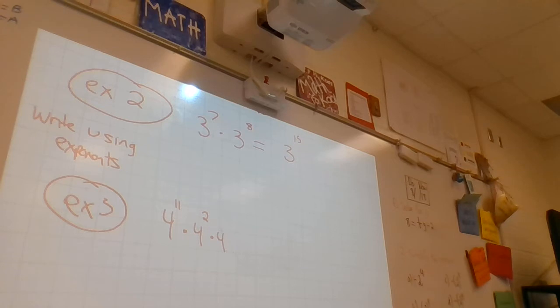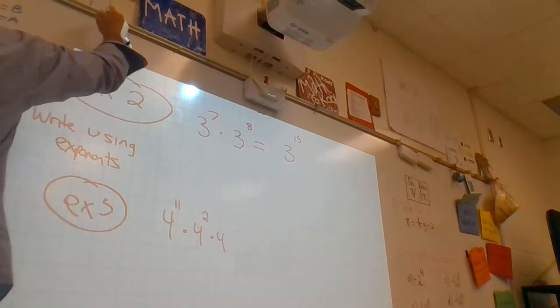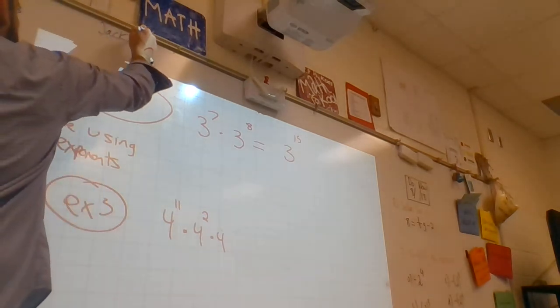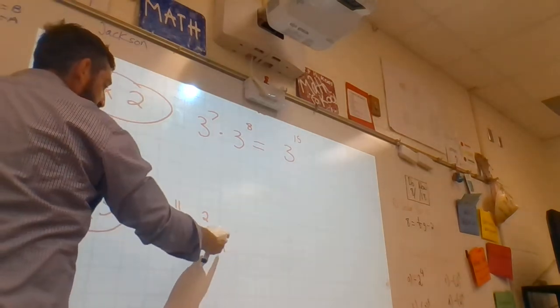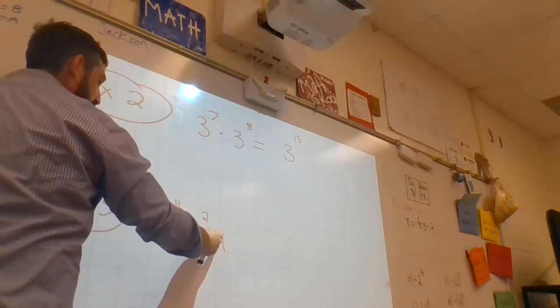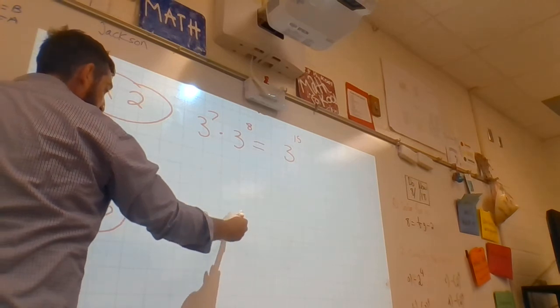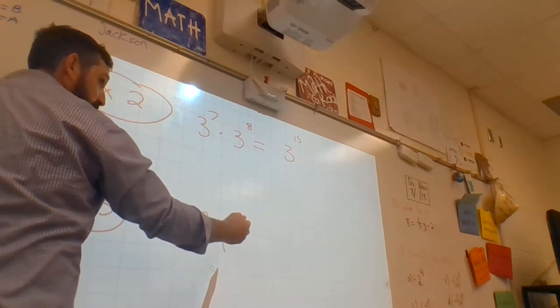Where are you getting 14 from? Well, there's 2, there's 11, and that 4 is, I would say, 1 power. What is the exponent for any number that does not have an exponent? 1. There is an understood 1 right here. That is very important.